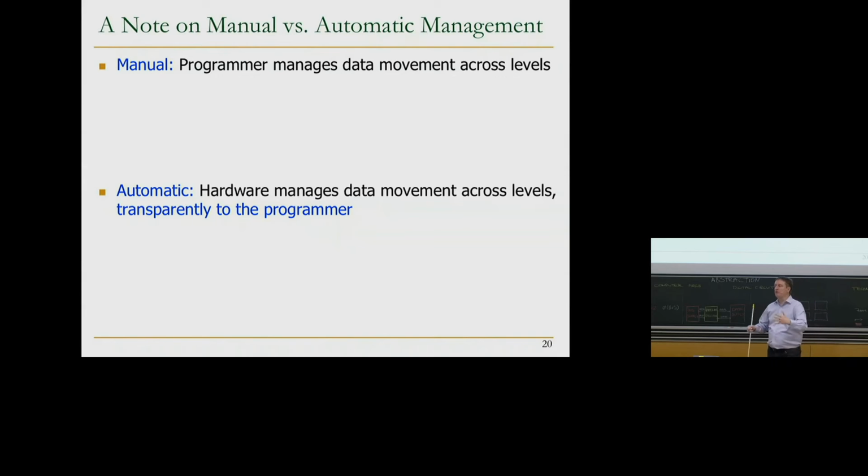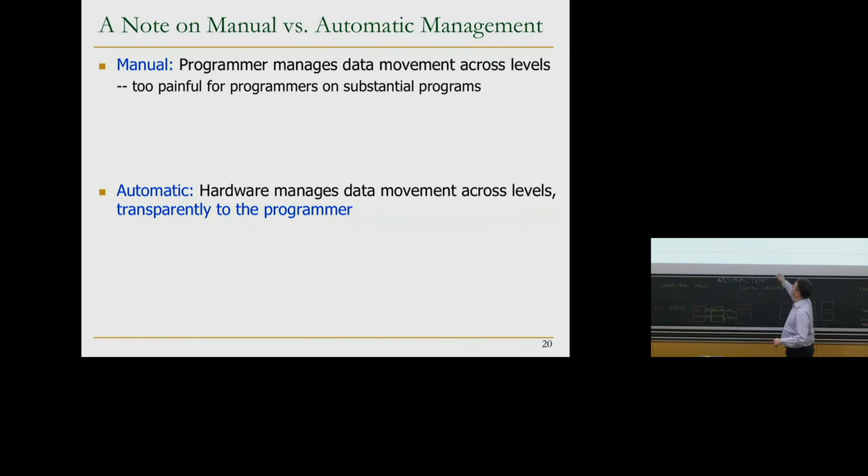You call some functions, instructions, make sure that the data you're looking for is loaded already into the cache before your main loop hits it. The other one is automatic. The hardware in the background manages this automatically without the programmer knowing about it. Now, both of them are being used.